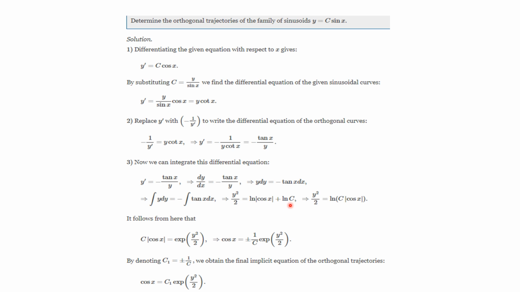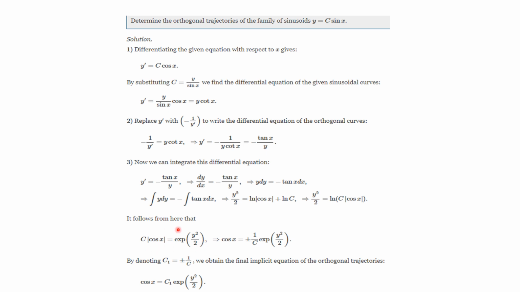Then we exponentiate both sides. Actually, we use a property of logarithms here: the sum of the logarithms is the logarithm of the product. And so now we exponentiate both sides. And we find that c times the absolute value of cosine x is equal to e raised to the y squared over 2.